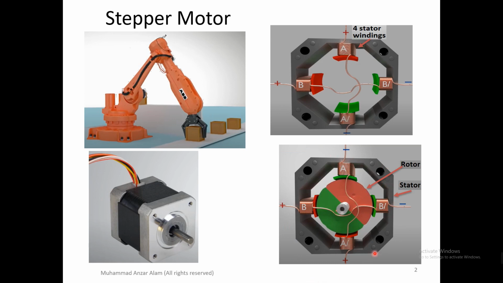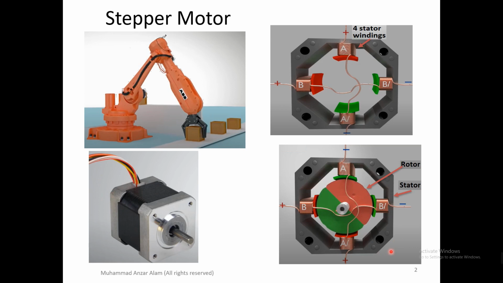So we can see clearly the stator of the stepper motor has windings that are stationary. They are not going to rotate, but inside there is a permanent magnet which rotates. How will it rotate? According to the energization of the coils. We will see clearly how it energizes. But this picture is basically the commercial version.